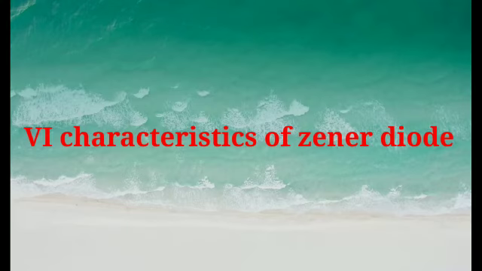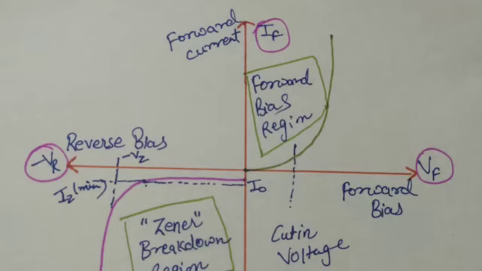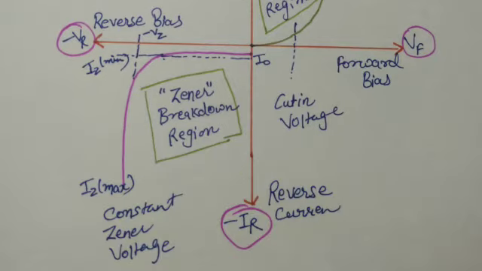Now you can understand the difference between the avalanche breakdown and the Zener breakdown. Now we will see the VI characteristics of a Zener diode, as shown in the below figure. When forward biased voltage is applied to the Zener diode, it works like a normal diode. However, when reverse biased voltage is applied to the Zener diode, it works in a different manner.